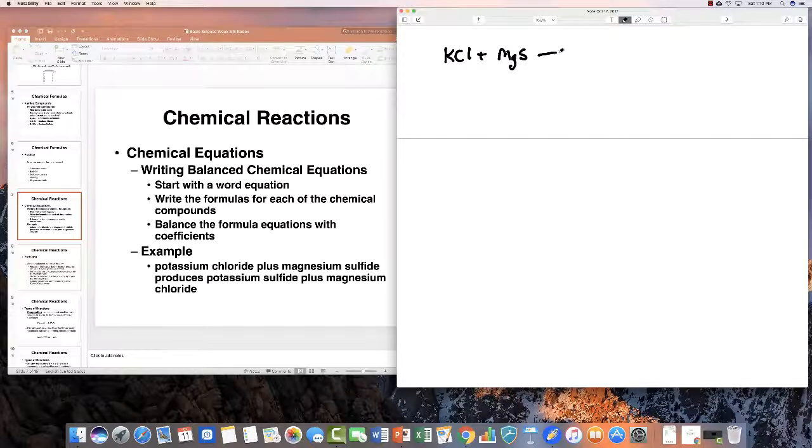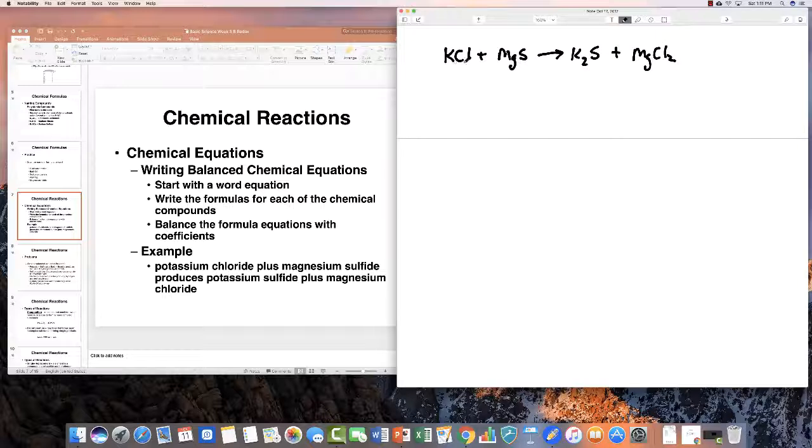And this combines together, that's usually an arrow, to produce potassium sulfide, K2S, plus magnesium chloride, MgCl2.